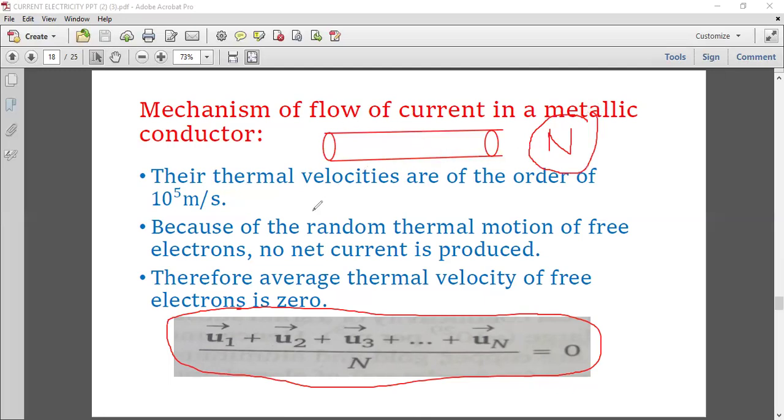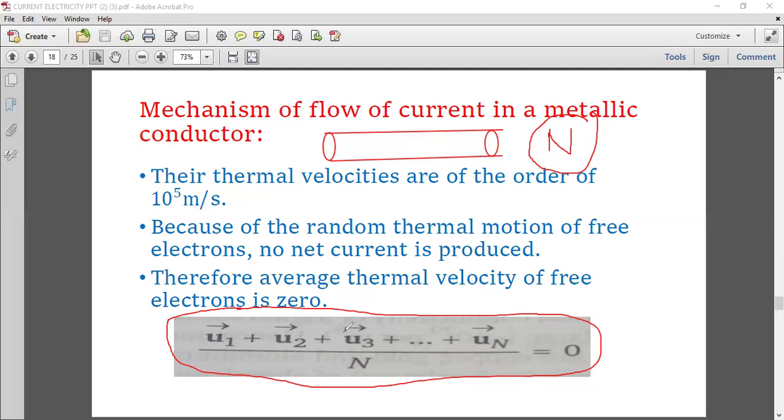It's clear. So suppose their thermal velocities are vector U1, vector U2, vector U3, and so on, vector UN. Then what will be the sum of their thermal velocity? It will be equal to vector U1 plus vector U2 plus vector U3 plus and so on plus vector UN.